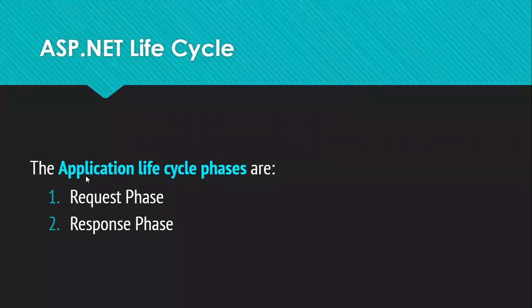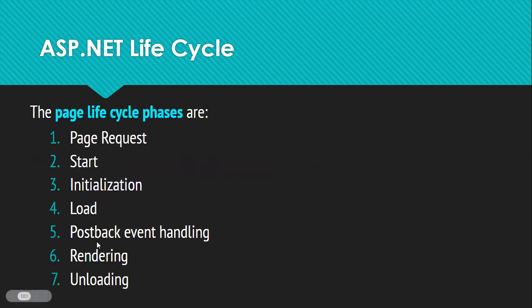In the application lifecycle, there are two phases. Very first is the request phase and second is the response phase. In the request phase the client makes a request to the server, and in the response phase the server responds to the client request. The second lifecycle group is the page lifecycle phases, where the very first phase is page request, where the client requests some page.